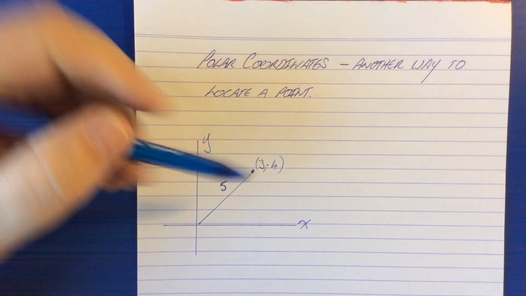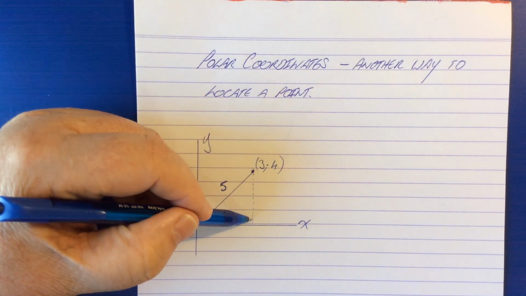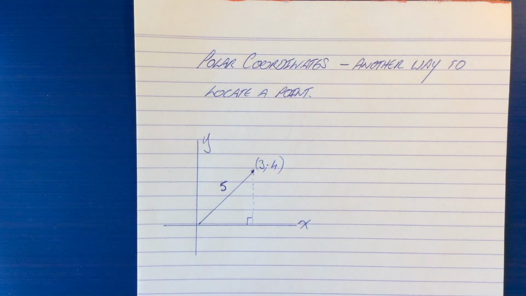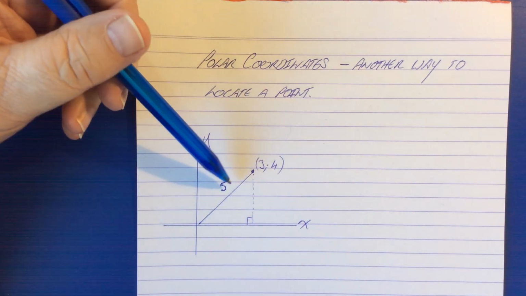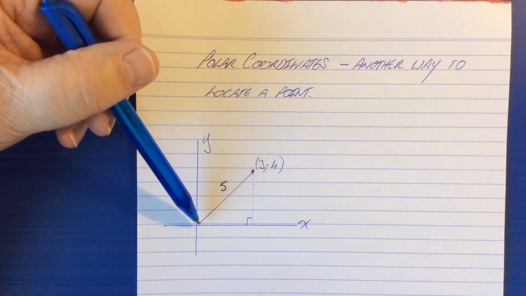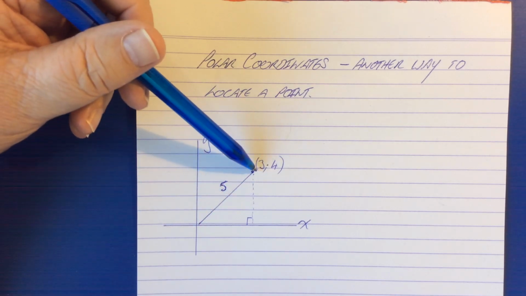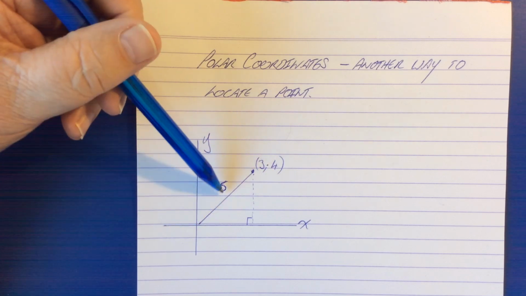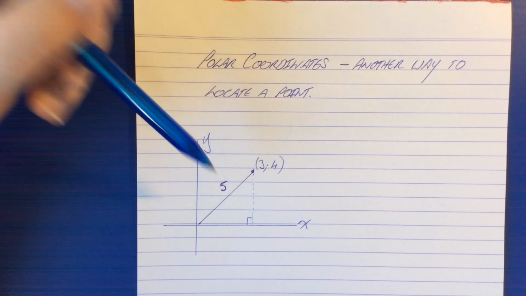So basically what it would create is a 3, 4, 5 right angle triangle. And 3 squared plus 4 squared equals 5 squared. The line linking this point with the origin is 5 units.